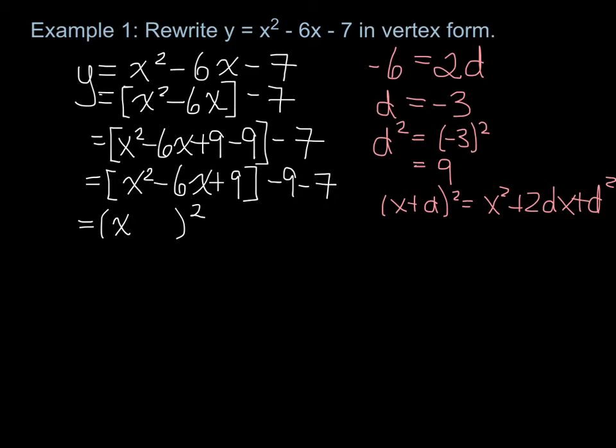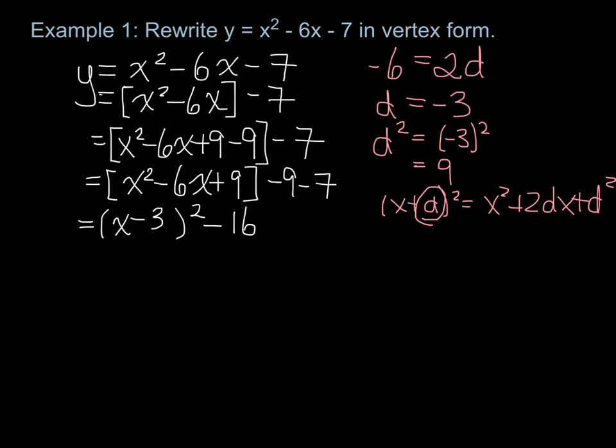So the question is, what is d? But we've already done that work. You can recall, if you look back up here, that d is negative 3. So I'm going to put x minus 3 inside my bracket, and that's going to give me minus 16 on the outside, and that means that my equation is finished.